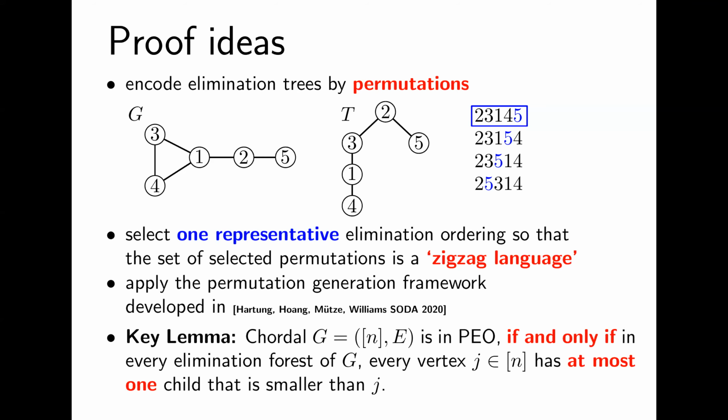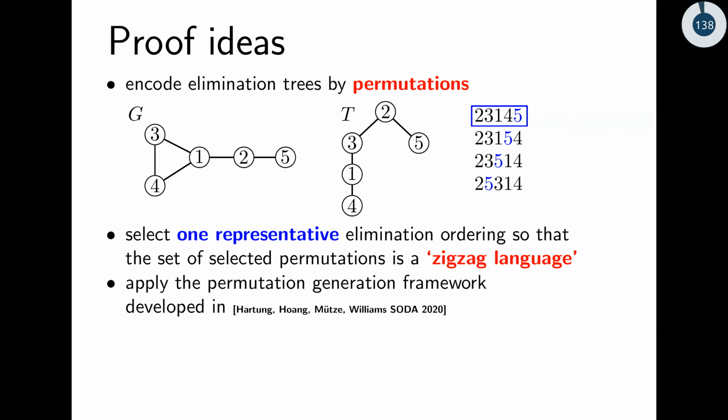It has nothing to do with our algorithm, it's only a property of causal graphs, namely that a causal graph G is in perfect elimination ordering if and only if in every elimination forest, every vertex has at most one child that is smaller than itself. Every vertex, if you look at the children, there's at most one child that is smaller than it.